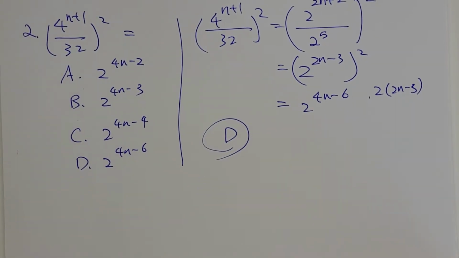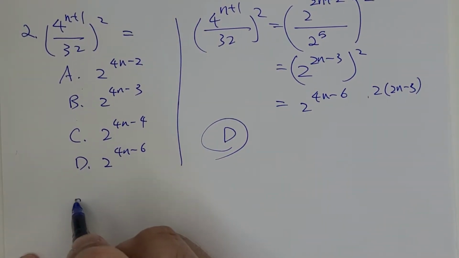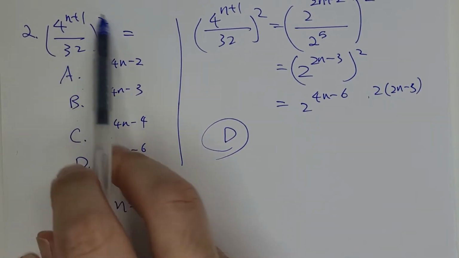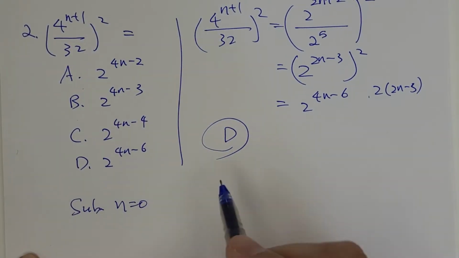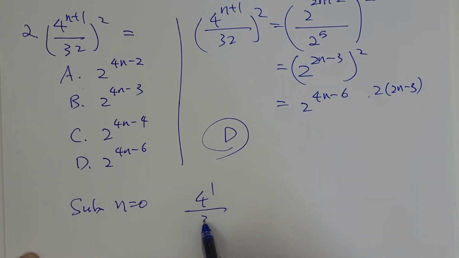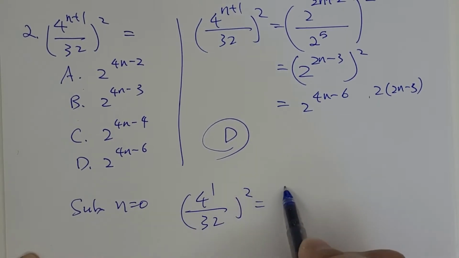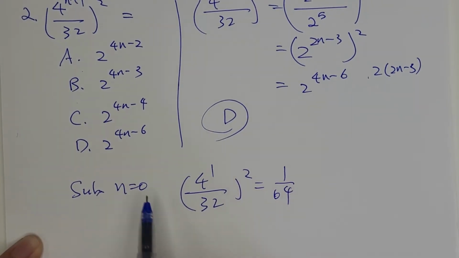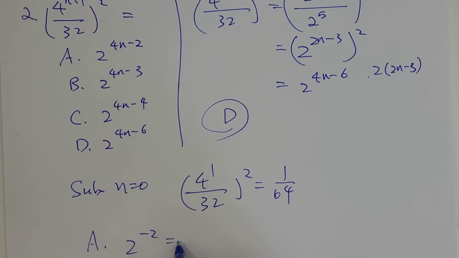But if you are working with MC, what we can do, we can try to substitute n equal to 0 into the options and choices. So 4 to the power 1 over 32 bracket square, that is 1 over 64. And when you substitute n equal to 0 in option A, it will become 2 to the power negative 2, that is 1 over 4.